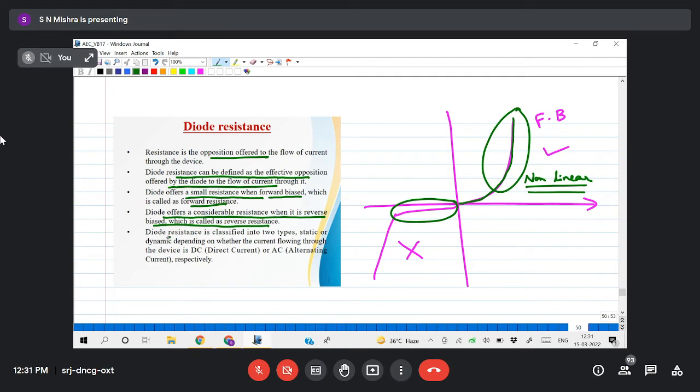So diode resistance is classified into two types: one is static and the other is dynamic, depending upon which current source is connected. If DC current is flowing, then it is static resistance, and if AC current is flowing, it is dynamic resistance.